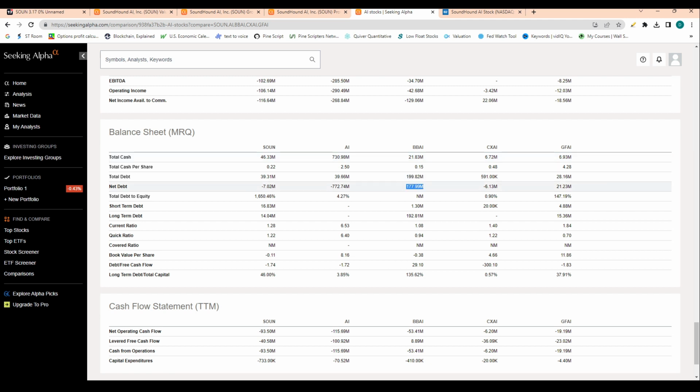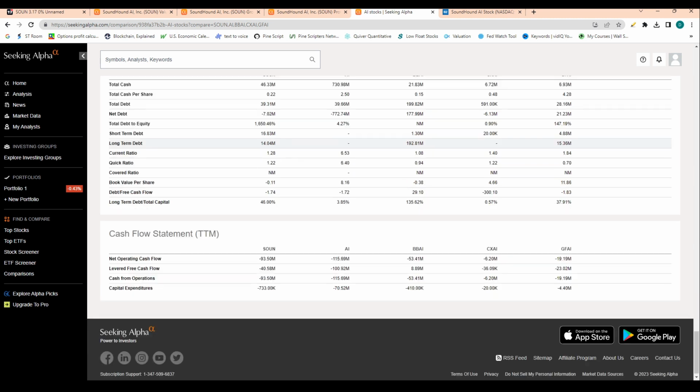So net, they have $177 million more debt than cash, which makes their ability to fund future operations somewhat suspect, right? So, good to see that SoundHound AI is definitely leading the pack in terms of balance sheet health, which we'd love to see.